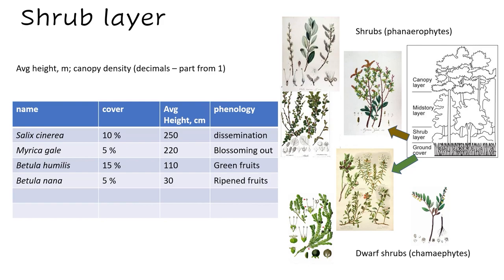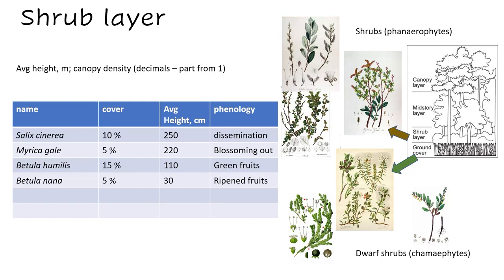Finally, we reached the shrub layer. With the shrub layer, there is also a trick. In peatland, you find shrubs and dwarf shrubs. Dwarf shrubs, as they have the other name, naturally are not shrubs.